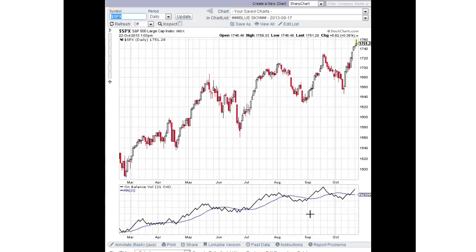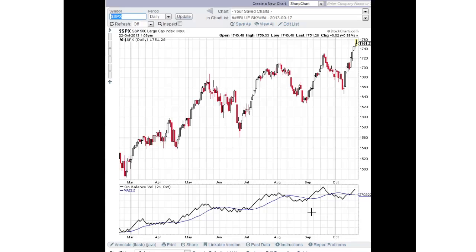So I use on-balance volume in one of two ways. I use it first to help me confirm breakouts. I don't want to buy a breakout, that is to say, when price is moving above an area of consolidation or above a prior price high, if on-balance volume is not moving along with it.